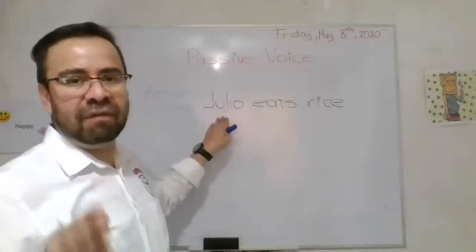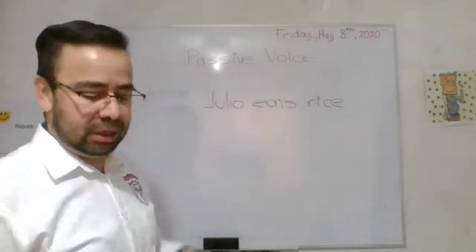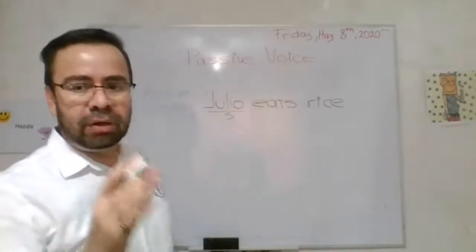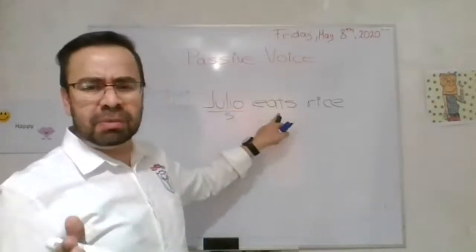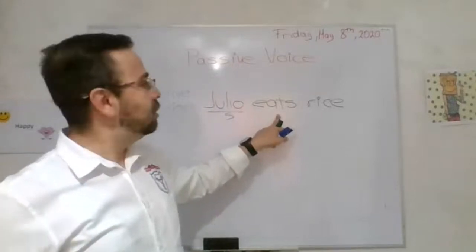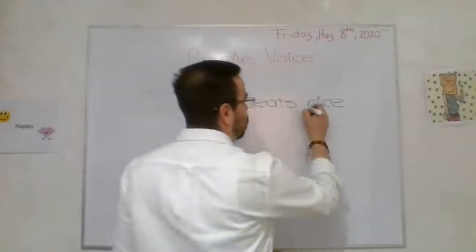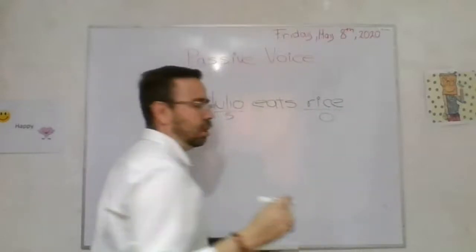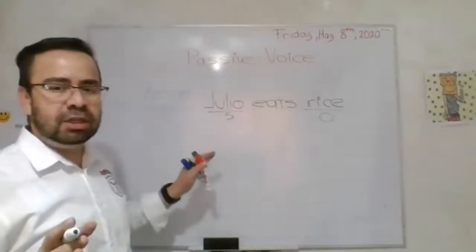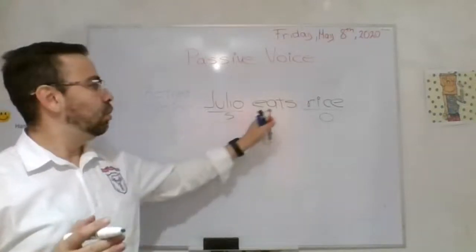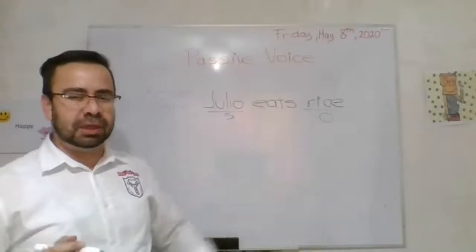At the beginning, you have the noun or the subject. Here you have the subject. You have the verb, third person, letter S. And rice. Rice is the object. So the active voice is the normal sentence, when you have the subject at the beginning, and you have the object.